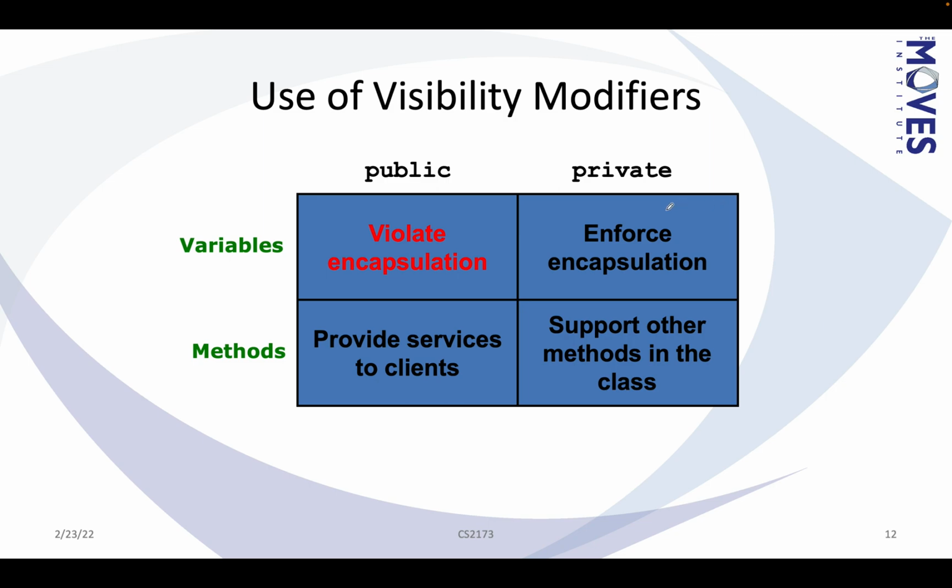So instance variables should always be private. Now, most methods are going to be public. Some might be private, and that depends on who their clients are. A method that provides services to other clients is basically what we've referred to as the interface or behaviors, things that other objects can make you do.